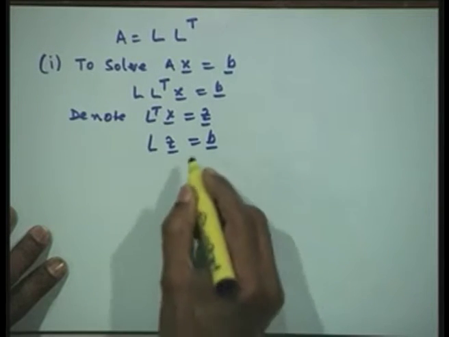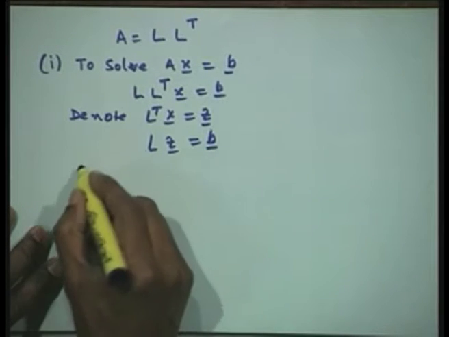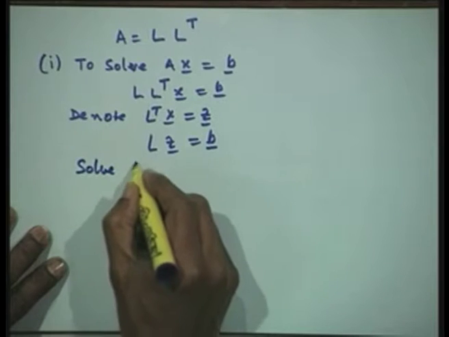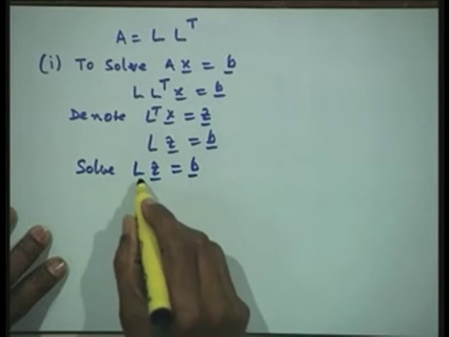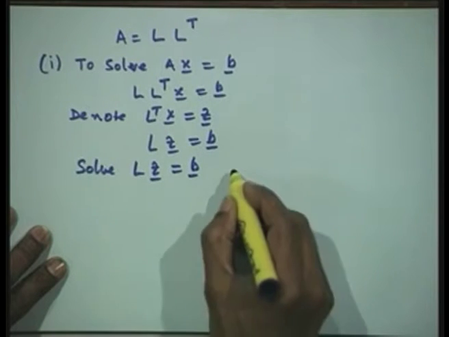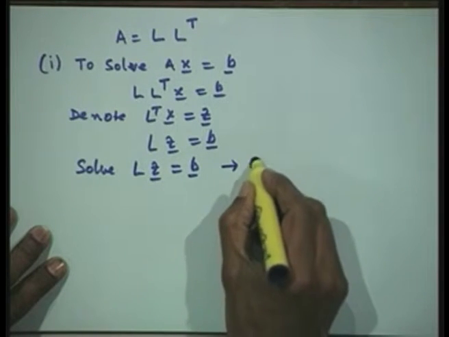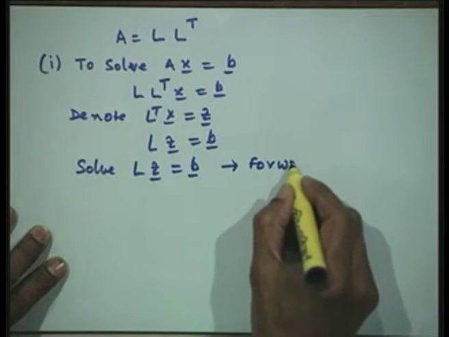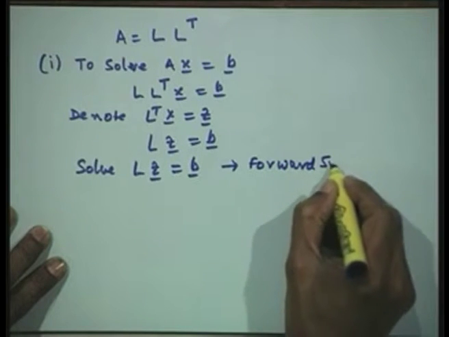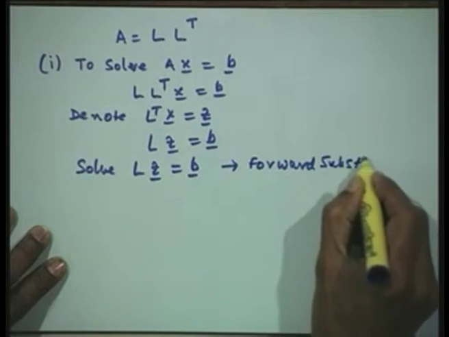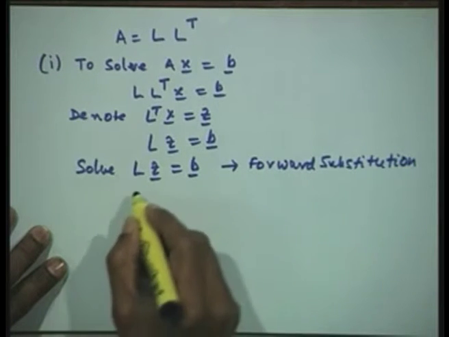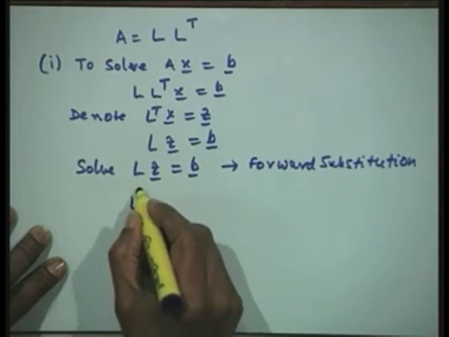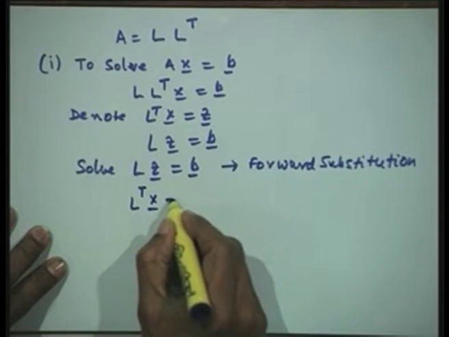Then we first solve the second set of equations, solve Lz is equal to B. Now L is a lower triangular matrix, therefore this can be solved by forward substitution. Then we solve the first set, that is L transpose x is equal to z.